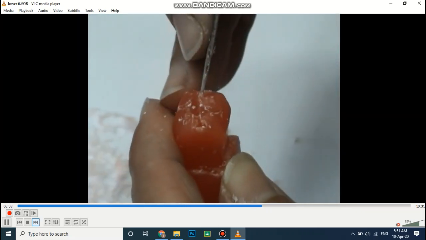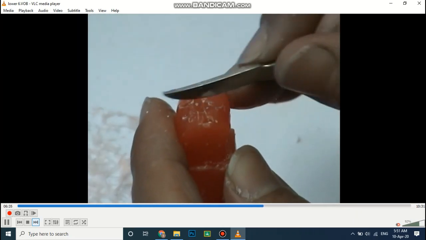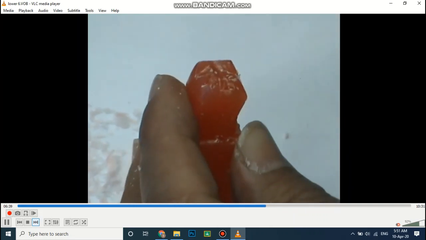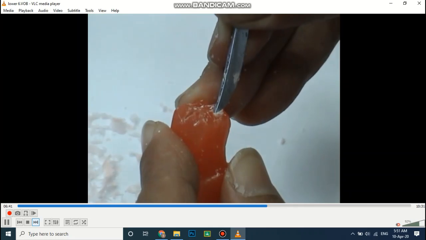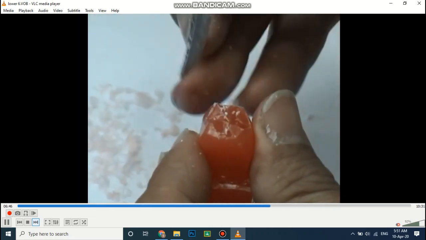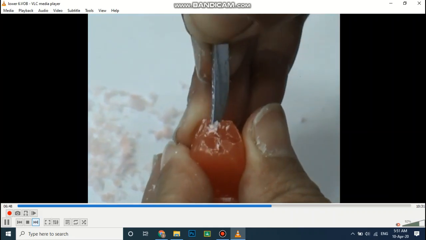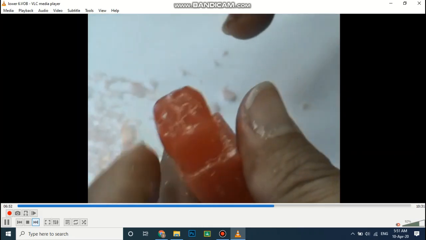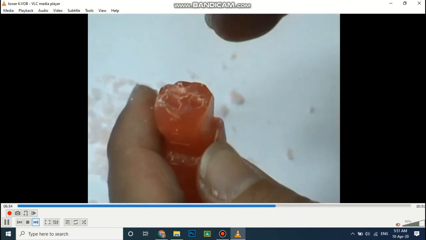Pay attention that each cusp should be looking forward to the opposing surface. Here is the distolingual cusp, with gentle removal mesially and distally to create the triangular ridge. By this way, we carve the 2 lingual cusps.